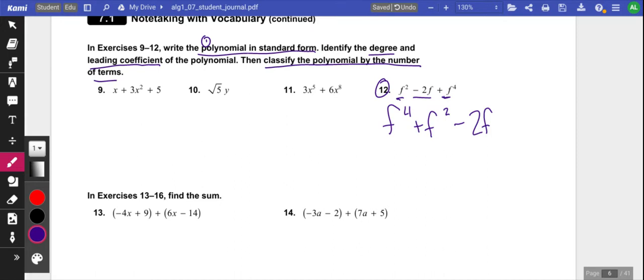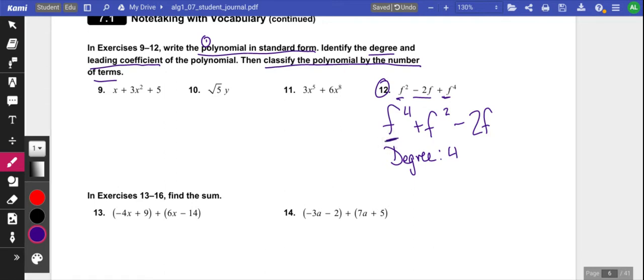So the degree, I remember, is not how many exponents, what's my highest exponent? That's always easier after you've put it in standard form because it's the very first one. So I have a degree of 4. My leading coefficient is the coefficient that goes with this highest term.